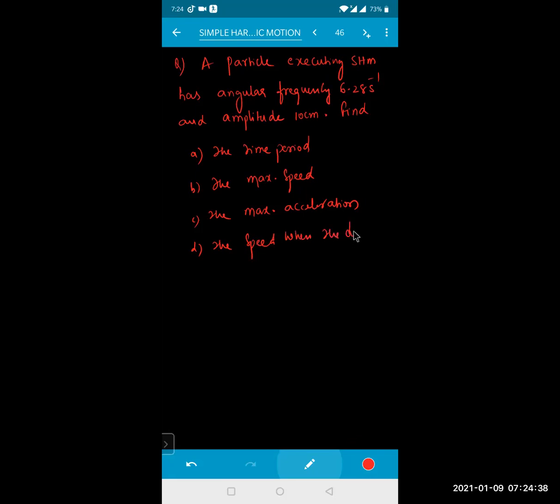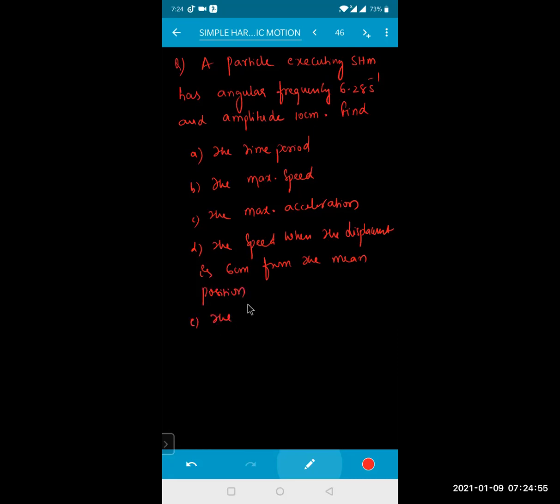Then the speed when the displacement is 6 centimeter from the mean position.